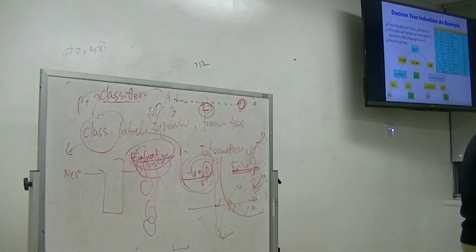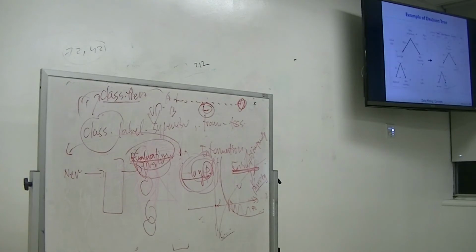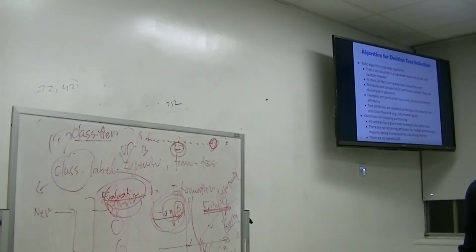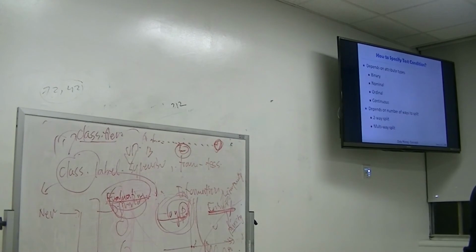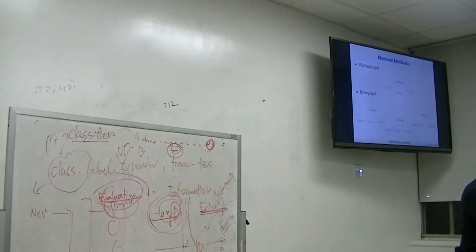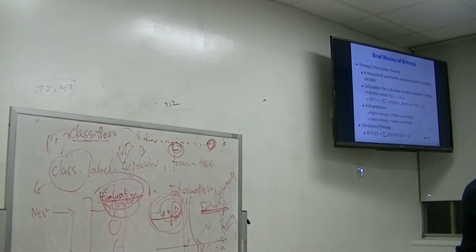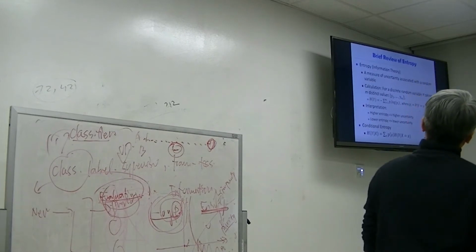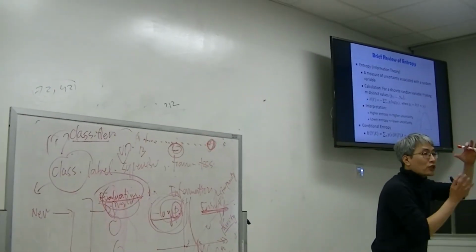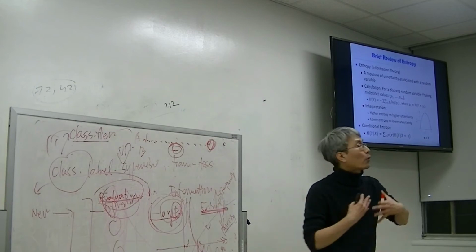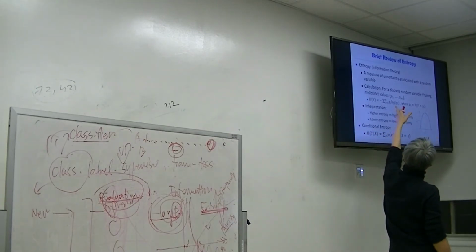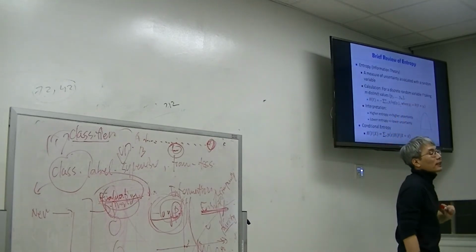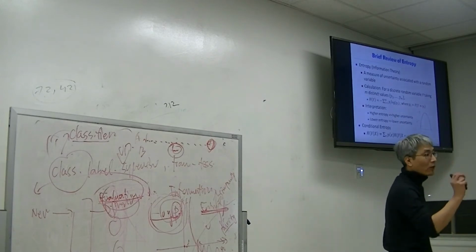So in the decision tree, to select the attribute, we are going to use entropy, from information theory. To measure such purity or entropy or energy, we use the log of p_i, where p_i is the probability of the data.